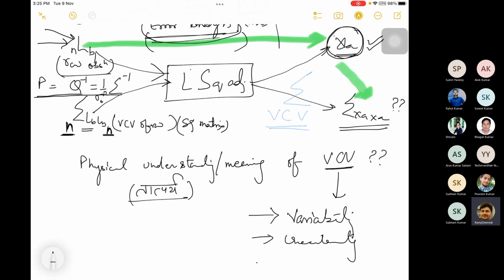Variability, uncertainty, and then errors, which is another common name. So VCV is something which we call the error distribution.